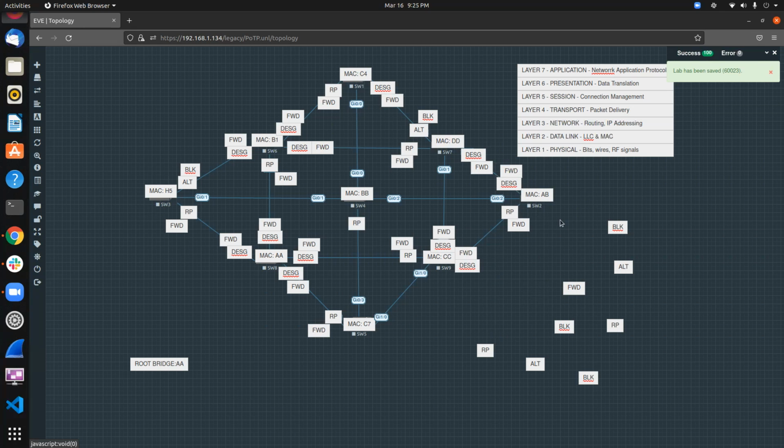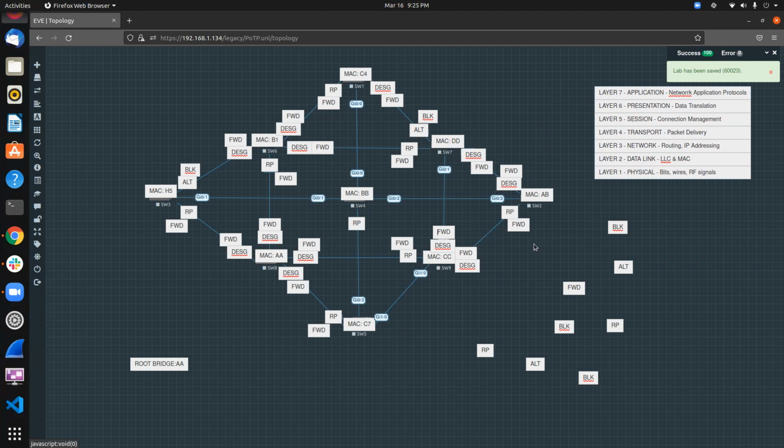And now I will block GI0. I'll put my block state on interface 0/1. Why are you going to block? We had a tiebreaker on the amount of cost.